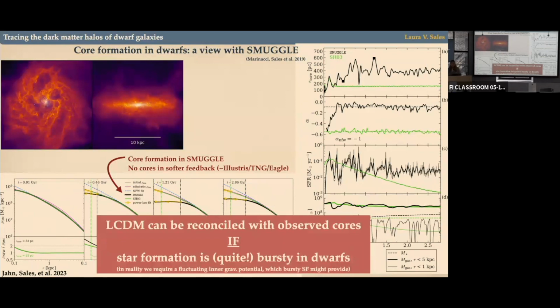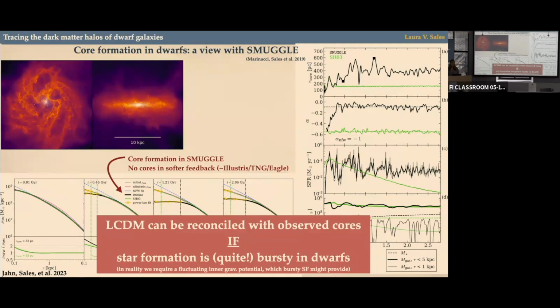So it seems like everyone agrees. However, we do require for this, which is great because then we would understand the cusp-core problem, we do need this burstiness in star formation, or these variations that are correlated with actual movement of enough gas to heat up or to change the gravitational potential of these dwarfs. And it is kind of unclear whether the level of fluctuations in star formation that a lot of the models predict is realistic.